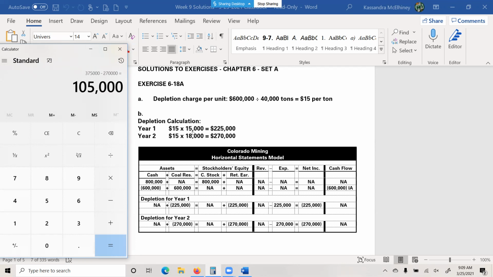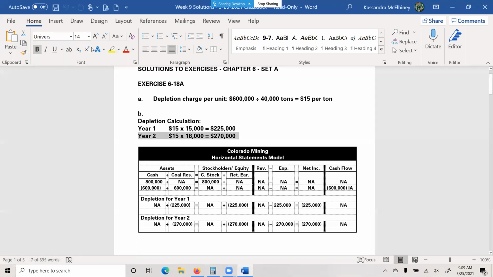So we've already hit 33,000 tons of coal extracted. We might have to do some more estimating if the company believes there are more than 40,000 tons in total to extract. Then we would revise our estimates, but that would happen from the point of the new estimate forward. So that takes us through depletion, which was exercise 618.